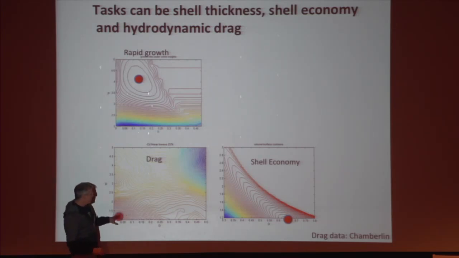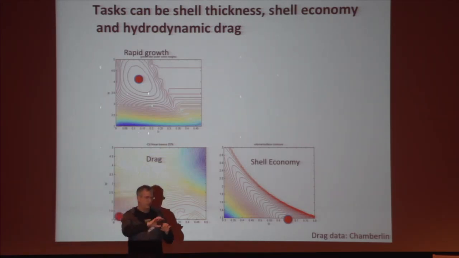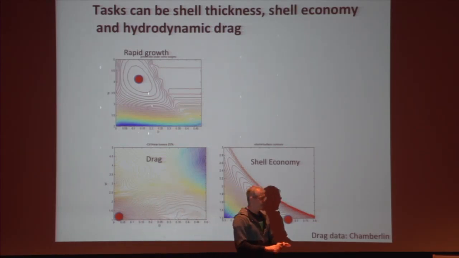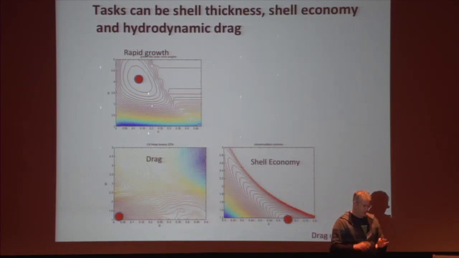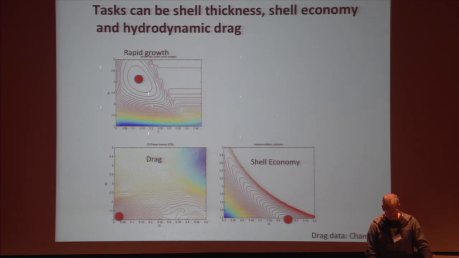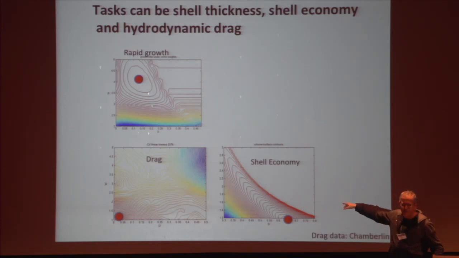Chamberlain measured plexiglass models for drag coefficients. So we think this is for swimming, that's for economy. And the other one is close to rapid growth. That's important for evading predators. And you can find out what the function is that maximizes that. And those are the performance contours. You see, they're not very circular, but you still get a kind of a triangle.